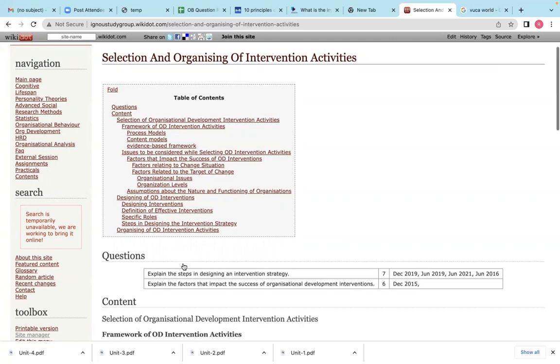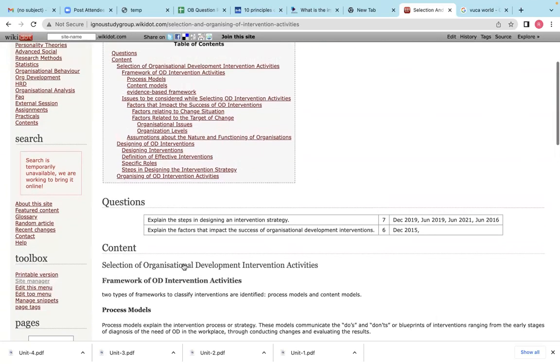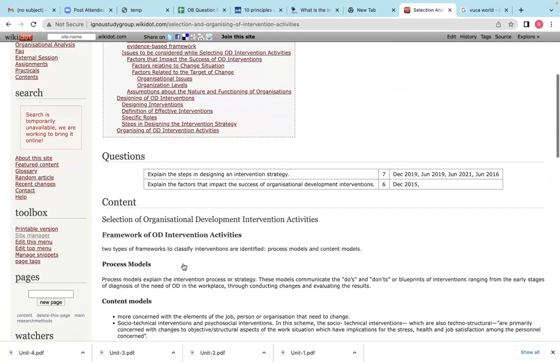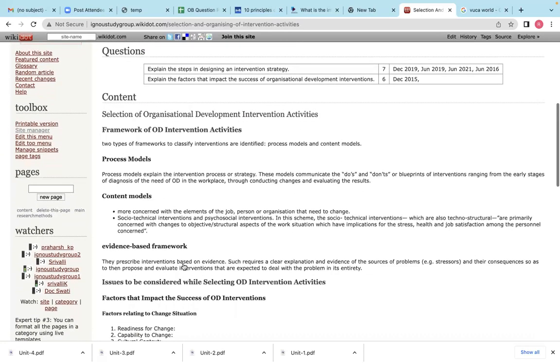There are two kinds of questions asked in this. One is the steps of designing an intervention, how to design an intervention. Two, what are the factors that would impact the success of an OD intervention? So in order to make an OD intervention successful, what are the factors? These are the two important questions that were asked.